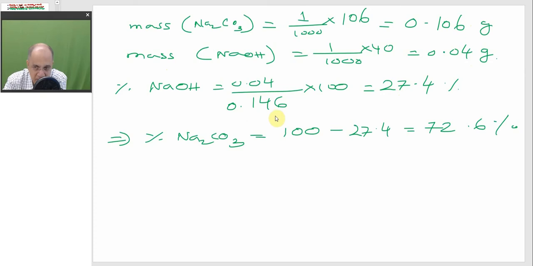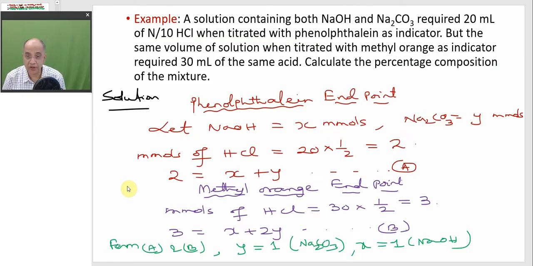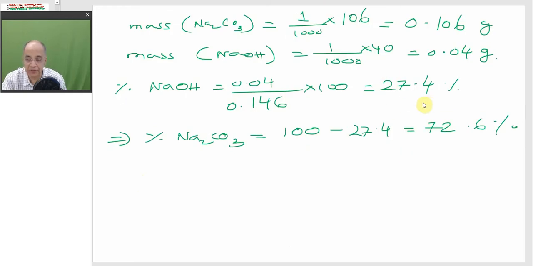This is mass percent, W by W. I mean, not mass percent, I'm sorry, it is the composition. It is the mass percent, no doubt, but not of the solution. It is the mass percent of the sample, because we have taken a solution containing this and this, and the solid mixture that we had taken, NaOH and Na2CO3, that mixture contains this mass percent of sodium hydroxide and this.